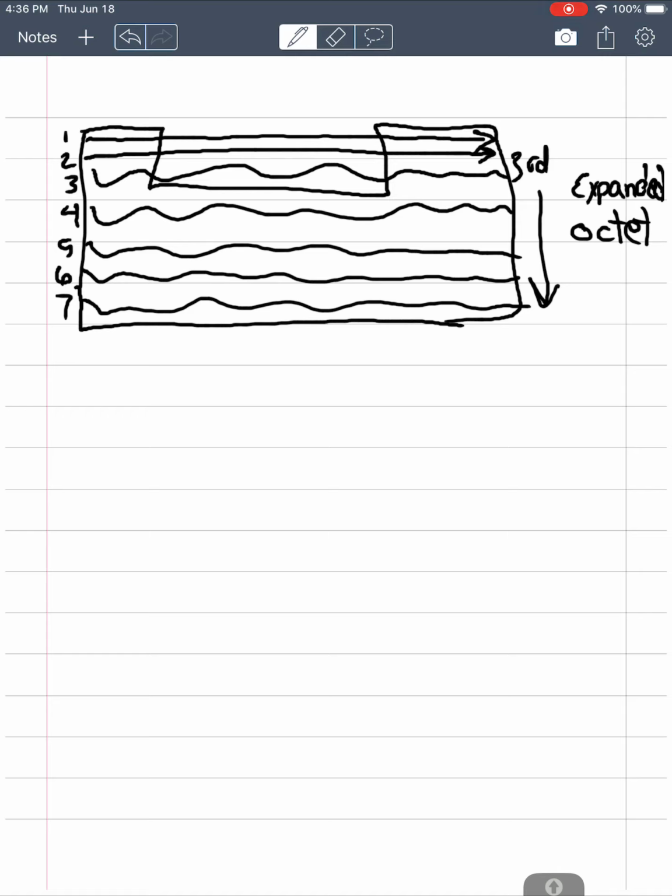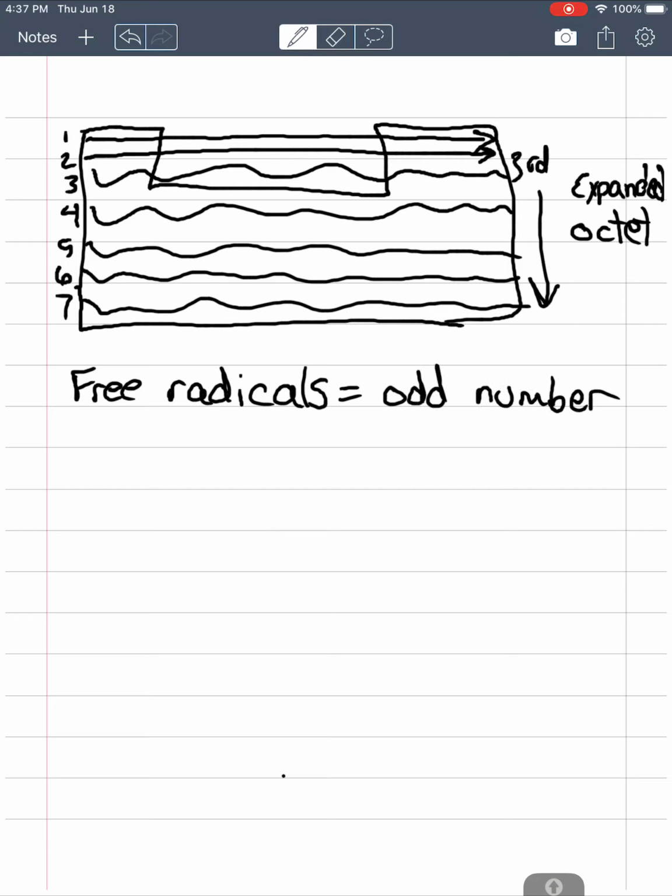There's another exception to octets, and that is free radicals. They're very reactive. They're odd-numbered electron species. And by species, I mean molecule.